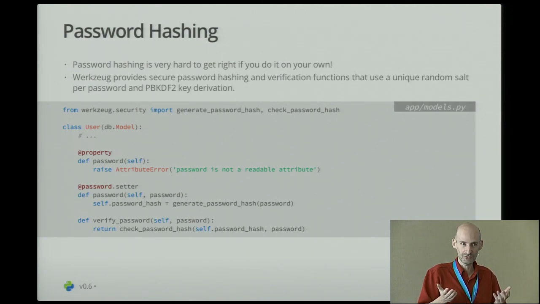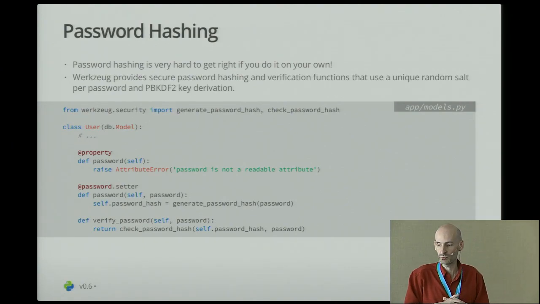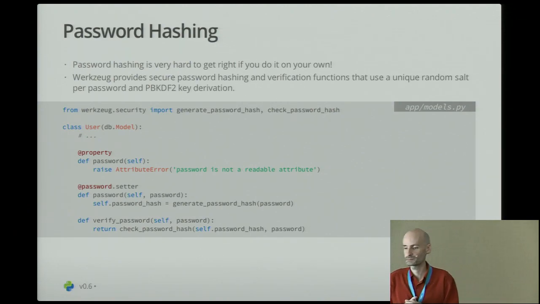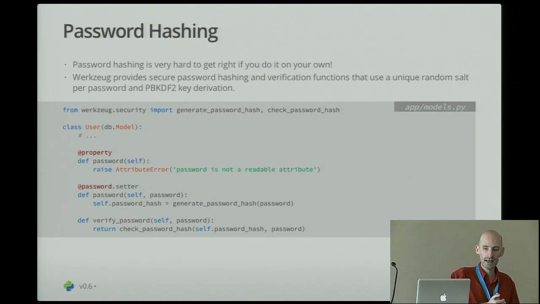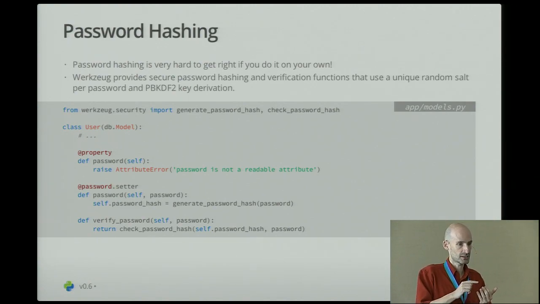I mean, things change, of course, but at least you should make an effort to make sure that it's a function that's difficult to reverse. So that if an attacker gets hold of your database, all they find is hashes, and they're no good for anything else. There's no way to determine the password from them. So the way I'd like to do this is to add in my user model a function that creates a hash and a function that checks that a password is valid with the hash.